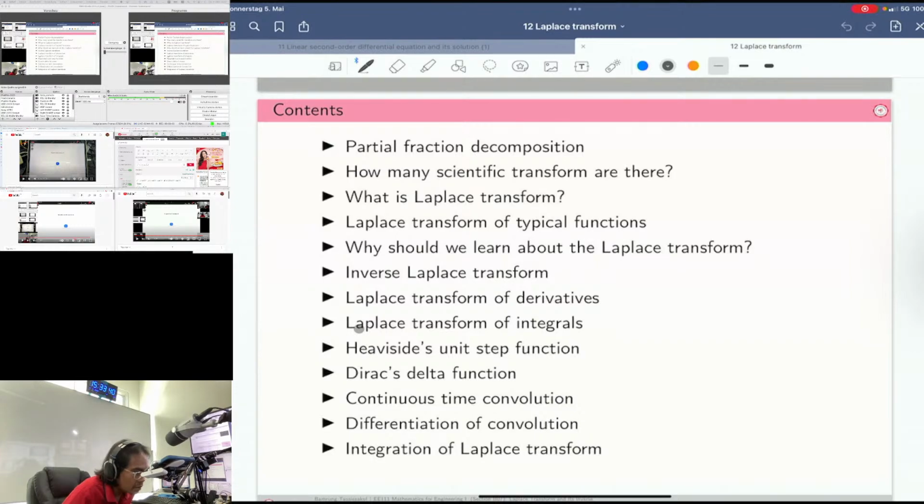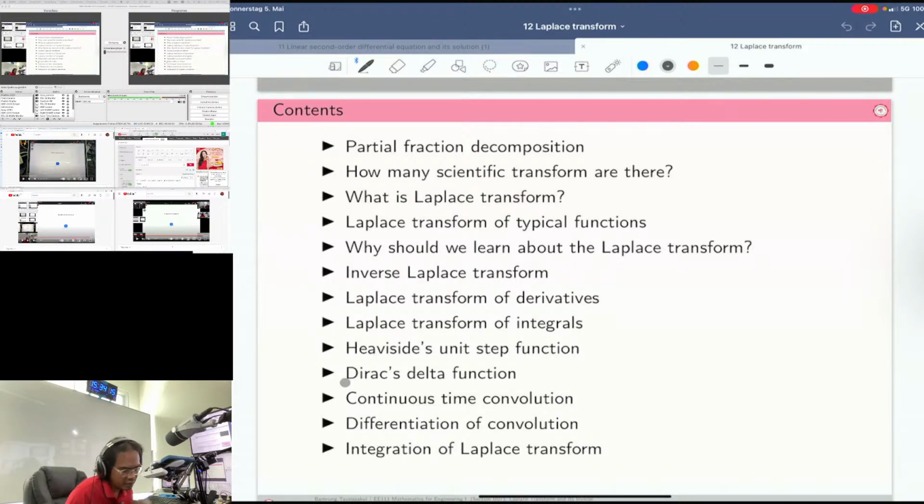We will consider the Laplace transform of integrals, and it can be used for solving integral equations or integro-differential equations, the combination of both integral and derivative in the same equation. Heaviside unit step function, actually we will see it already at the beginning, but we will talk about it again, the shifted version of the Heaviside unit step function.